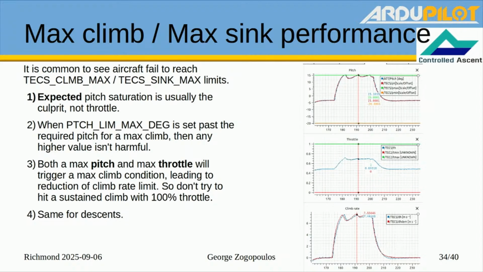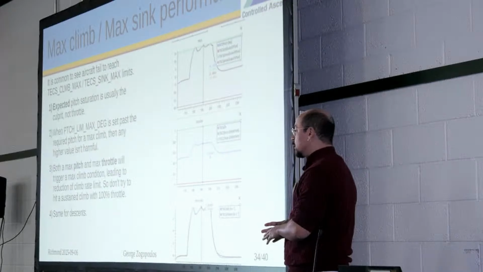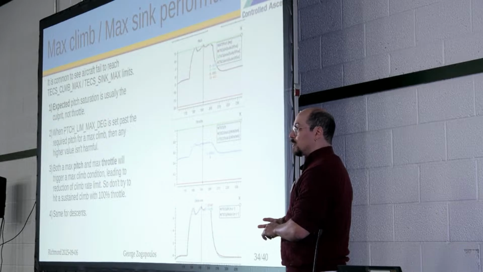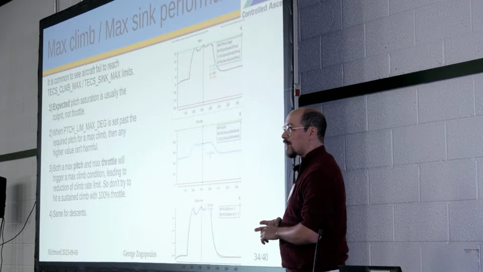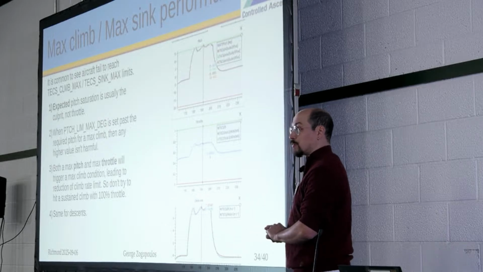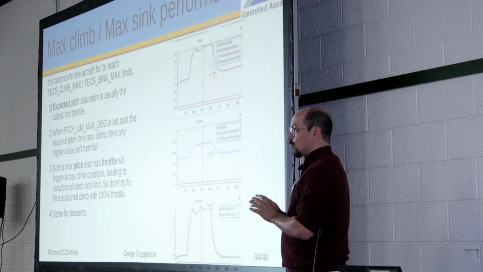But TECS will never do a climb at maximum throttle. Even though the original algorithm back from the 80s was designed to do this, our current implementation will not allow it. The best you can do is to try to climb with 90-ish% throttle for a normal cruise.